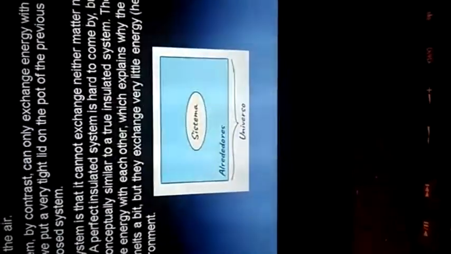Okay, in this part we have a little diagram for the three types of thermodynamic system. The system is something we can find, in this case a car, included in the whole universe.